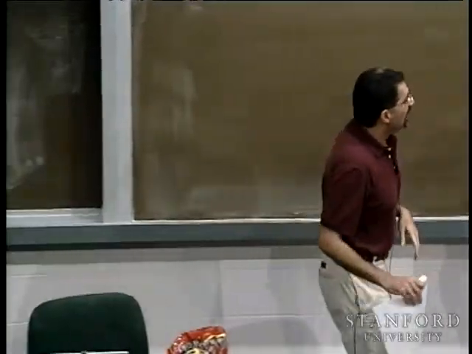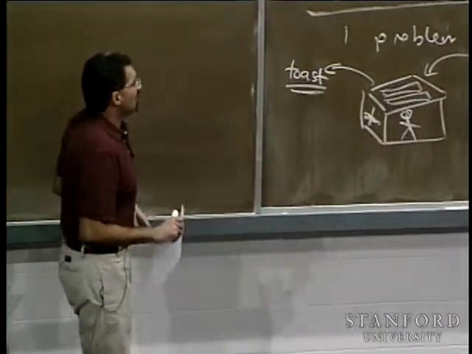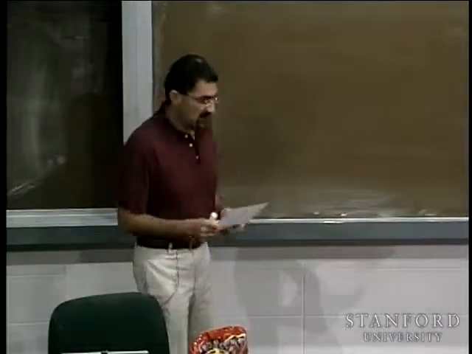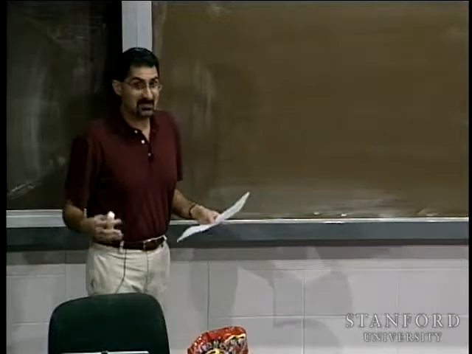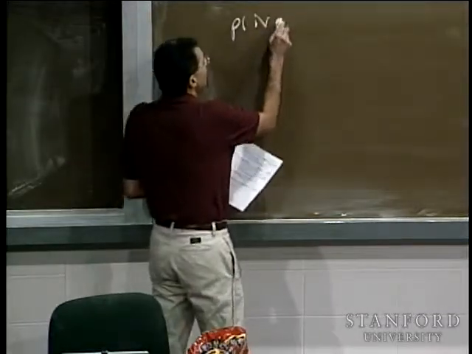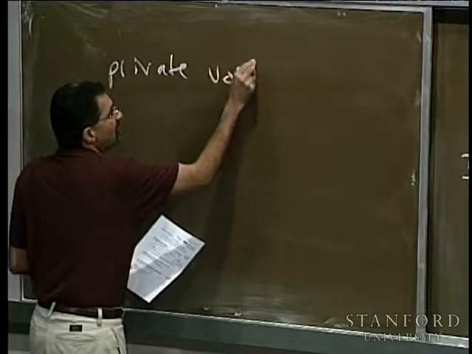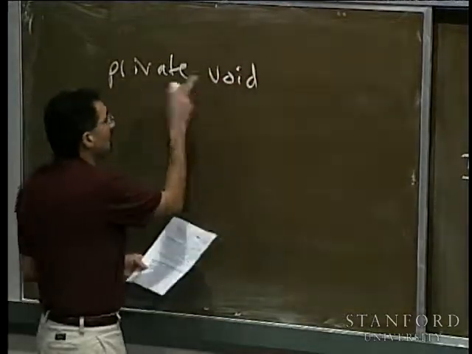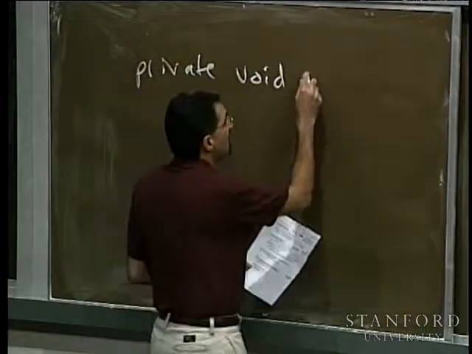Okay? Now, along with that, one of the things we also talked about last time is functions returning values. And I told you sometimes a method doesn't actually have to return a value. And that's when we have a private void as the return type, right? Or void is the return type, private's just the qualifier.